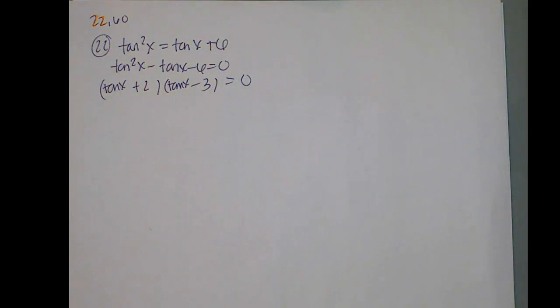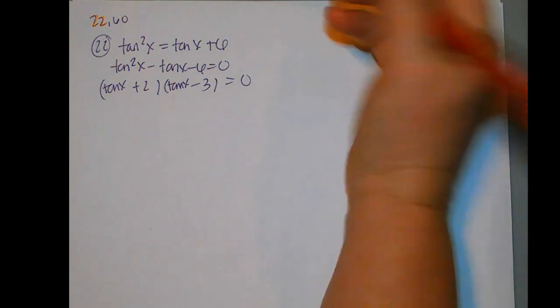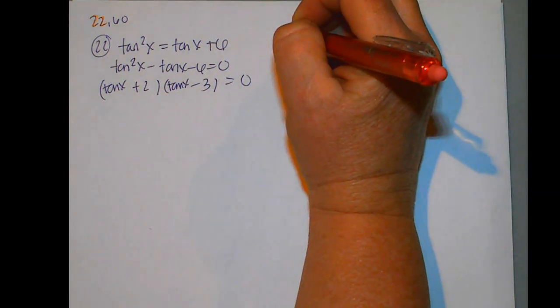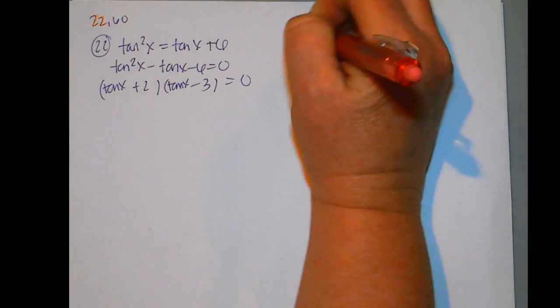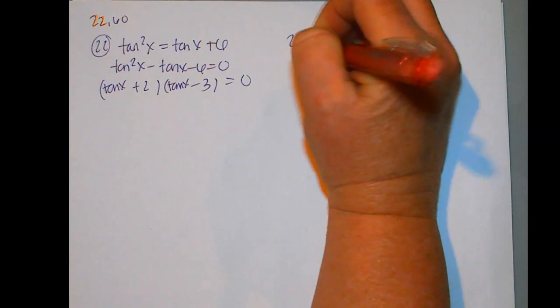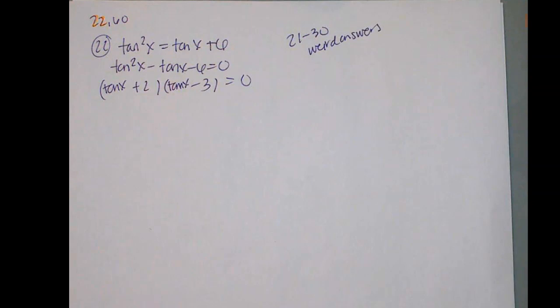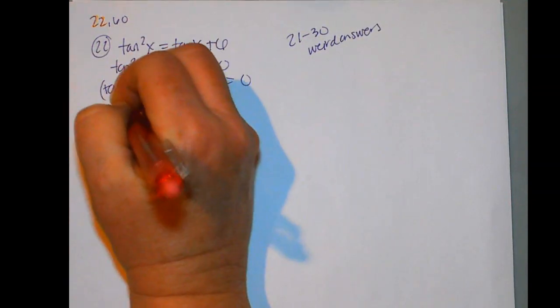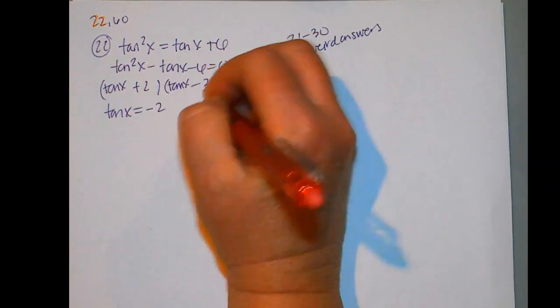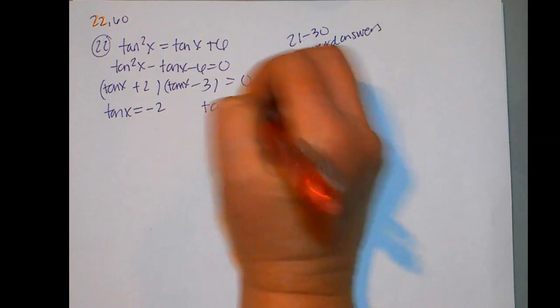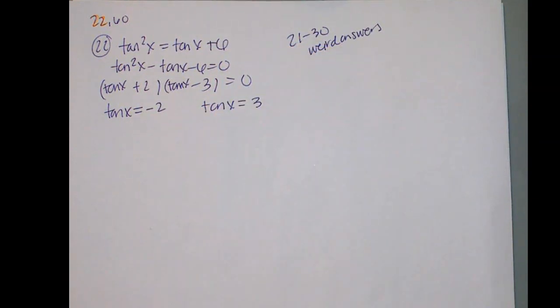So in this group of problems, remember I did that example yesterday where I said you may not know things? So I said in 21 through 30, you might have problems that had weird answers in my video yesterday. So what that means is if I say tangent of x equals -2 and tangent of x equals 3, I don't know what either of those are.